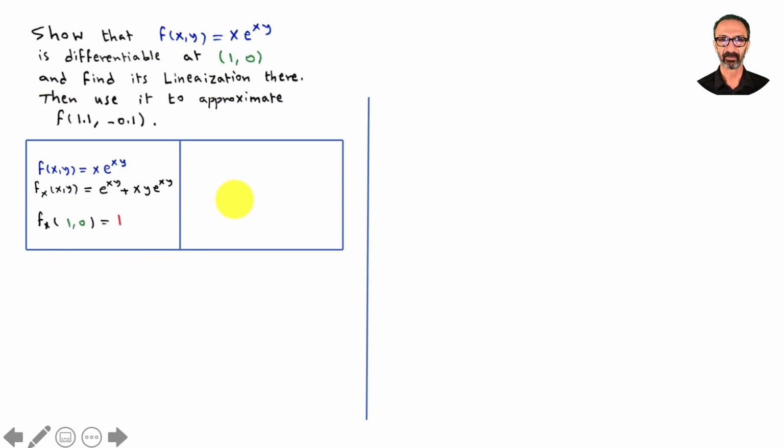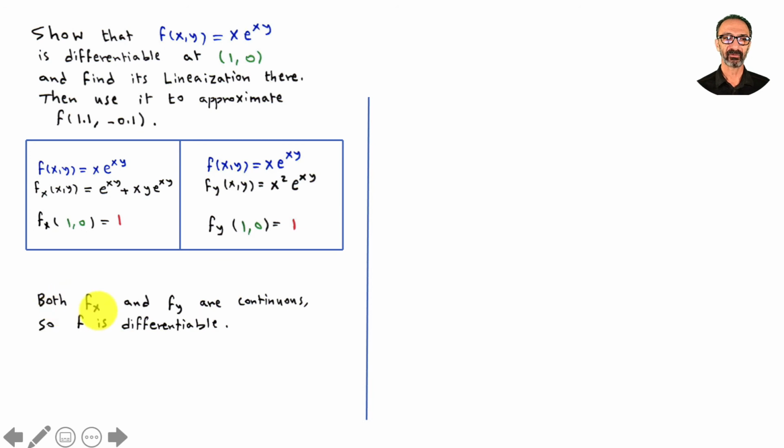Let's do the same, but for t2. Derivative with respect to y, same thing, use the product rule and the chain rule. Plug in 1 and 0, I got 1. Same slope, that's what we have. Both the first derivative of f with respect to x and the first derivative with respect to y are continuous.